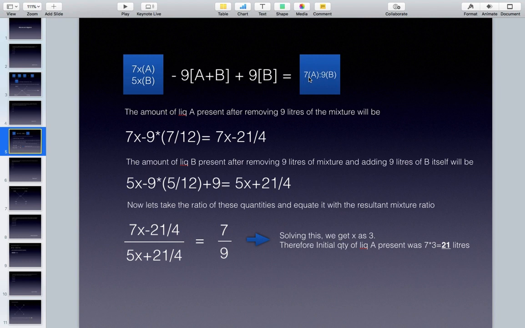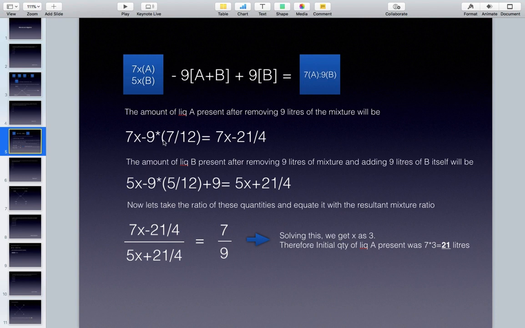So what we do in this scenario is, suppose initially the amount of liquid A contained in the can was 7x. Then we take 9 liters of the mixture.